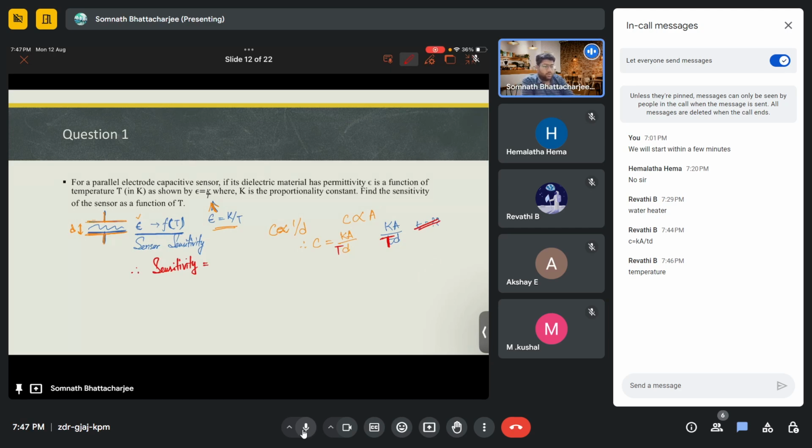We already know that C is equal to K by Tt. Then, how to calculate the sensitivity?